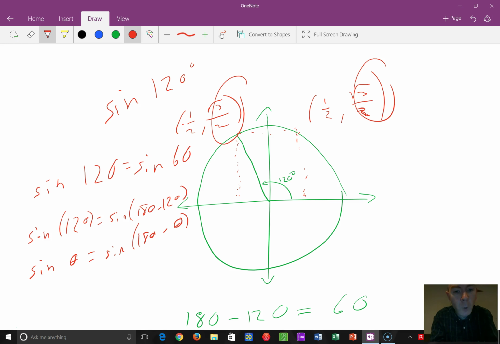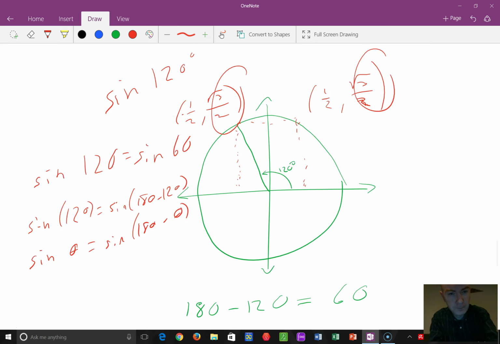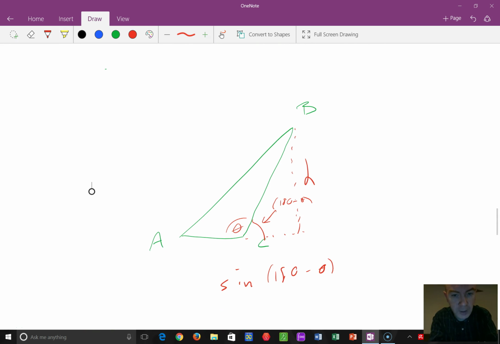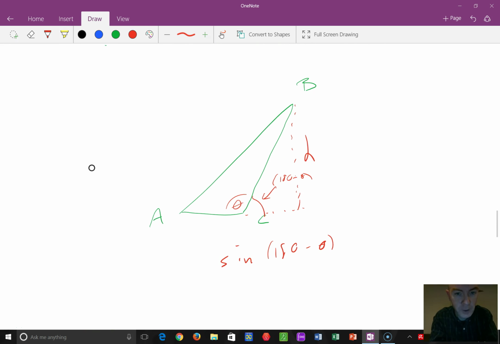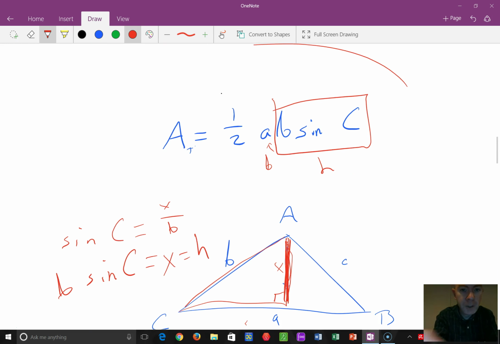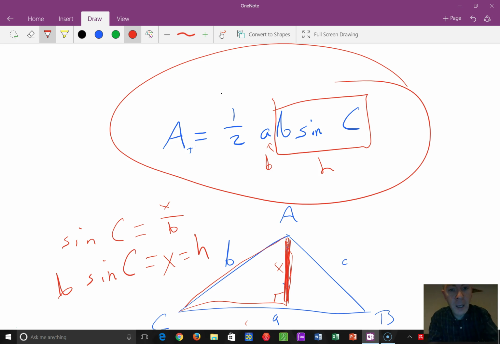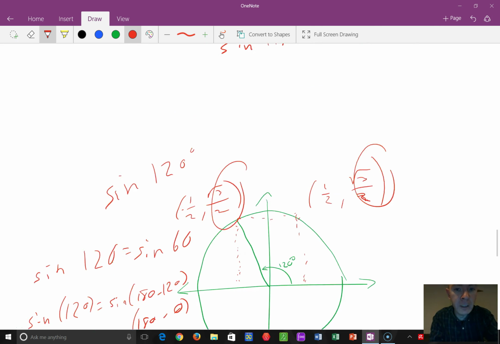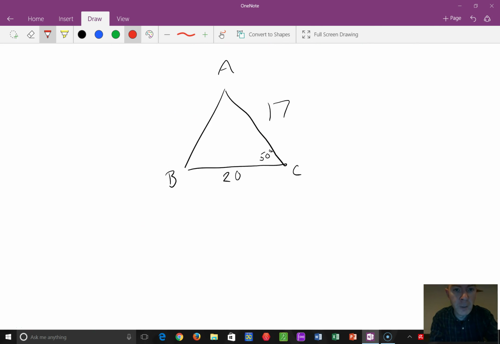So that's just a little bit about why this works. And it will work in this case too. So no matter where you're at, you can go back to this formula here, and it will give you the area of any triangle, provided you've got the necessary information.